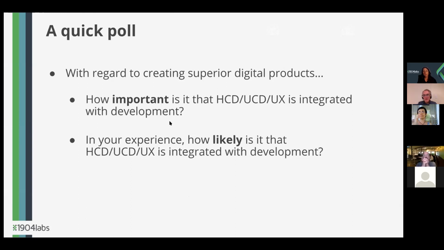That is a real normal distribution there, anywhere from very unlikely, 9 below the mean, which is the 11 as a 3, and then just a couple, about 5, saying likely or very likely. So that's kind of what I was expecting: we believe that it's important that it's integrated, but in our experience, it really hasn't been uniformly or frequently or consistently. So thank you for sharing your thoughts on that.